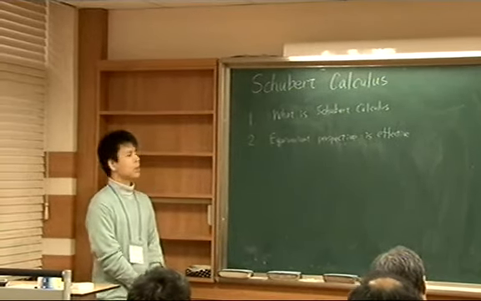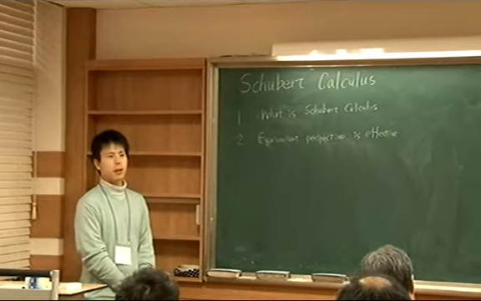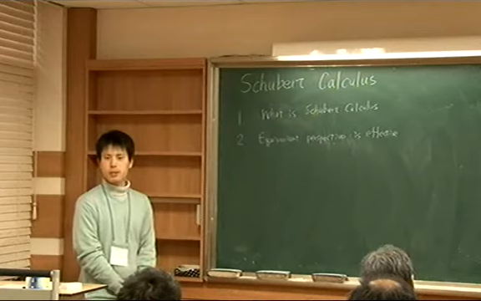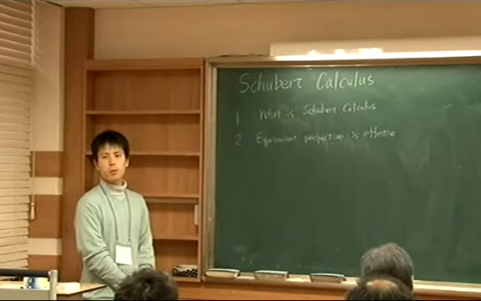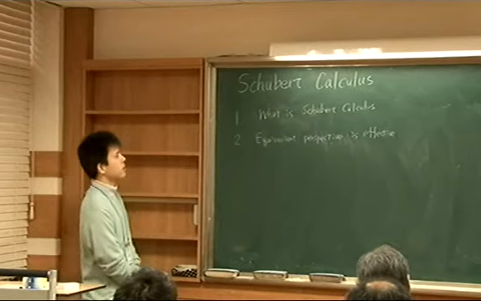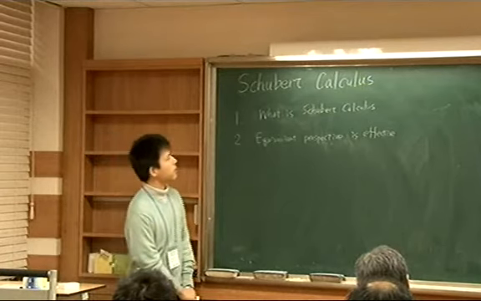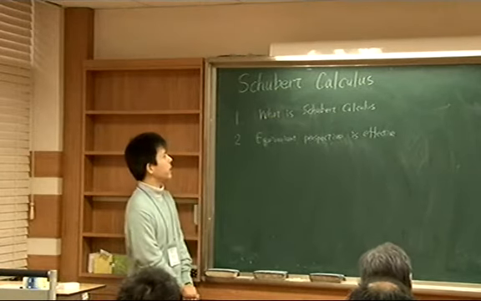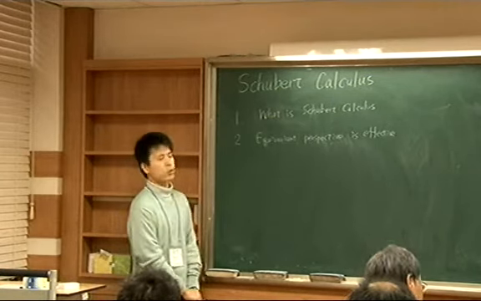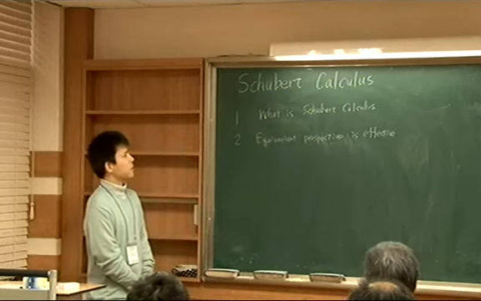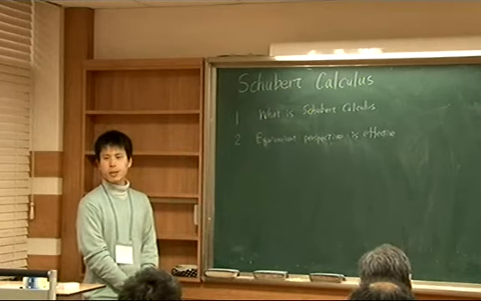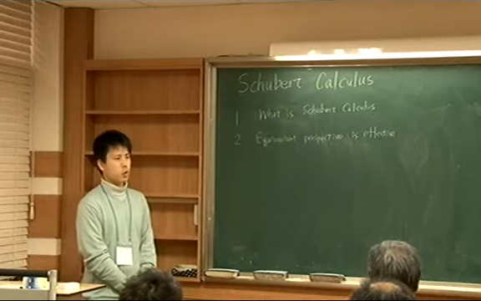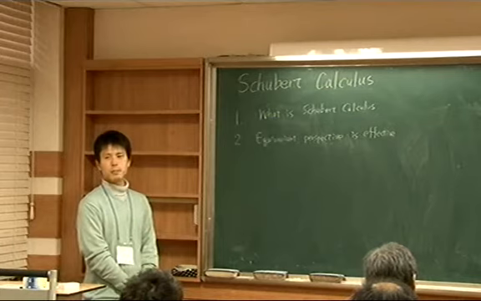Today I will talk about Schubert calculus, which studies the geometry of homogeneous spaces, especially the cohomology ring of flag varieties. In the first hour, I will briefly discuss what Schubert calculus is by considering the most fundamental case of the Grassmannian, which can be considered as a homogeneous space.